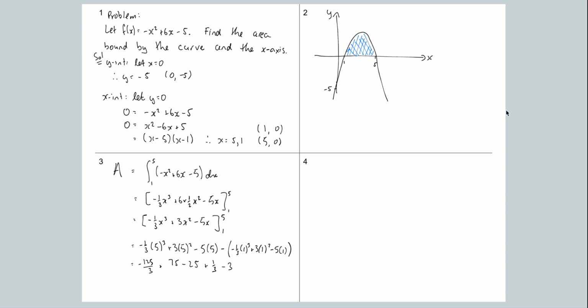And then minus 5 times 1 is minus 5. I'm subtracting minus 5, so I'm adding 5. So I end up with 75 minus 25 is 50, 50 minus 3 is 47, and 47 plus 5 is 52. So I've got 52, and I've also got minus 125 plus a third is minus 124 over 3.